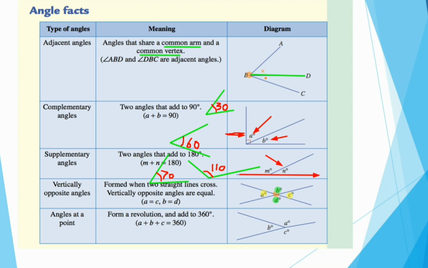Now the next type is angles at a point. So when a few lines are meeting at a point, now what is that point here? So look at this point. This is the intersection point of all the lines. So when few lines meet at a point or intersect at a point, now there need not be straight lines produced after the intersection point.